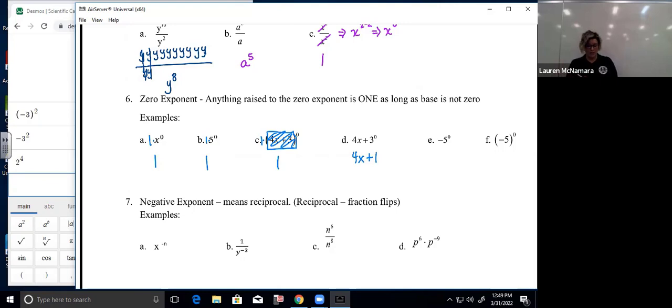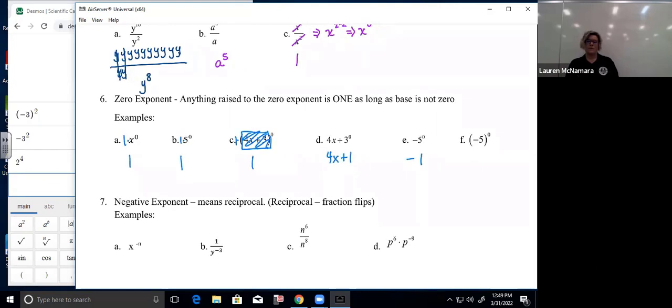What's my coefficient? -1. Looking at example F, I have -5 raised to the 0 power. This time, -5 is my base. So if I cross that out, what's in front that's not written there? A 1.